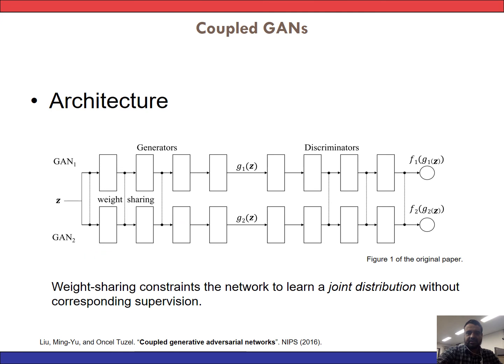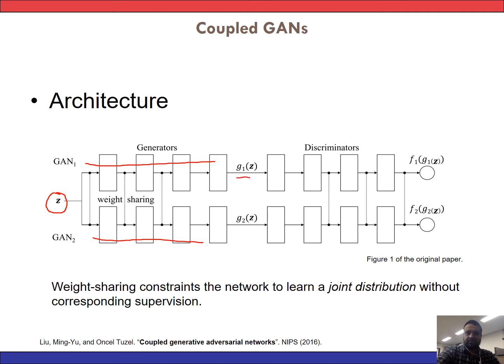This is the architecture of the coupled GAN. This is the first GAN network, and this is the second GAN network. This is the Z which is sampled from the uniform distribution or the Gaussian distribution, and here we can see that the first initial layers are sharing the weight parameters, and then the rest of the layers are not sharing the parameters between each other.